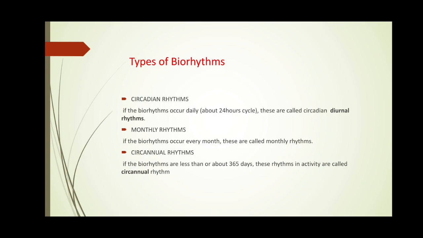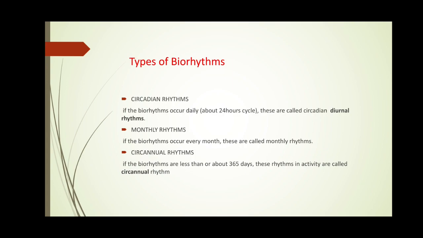Then come the monthly rhythms. If the biorhythms occur every month, these are called monthly rhythms. For example, the weight changes in a person or the menstrual periods observed in females.